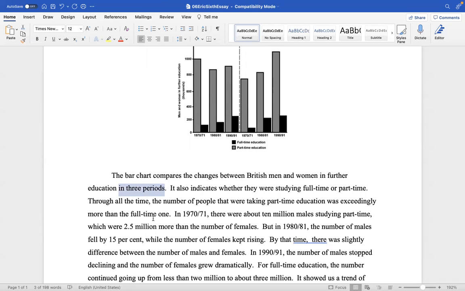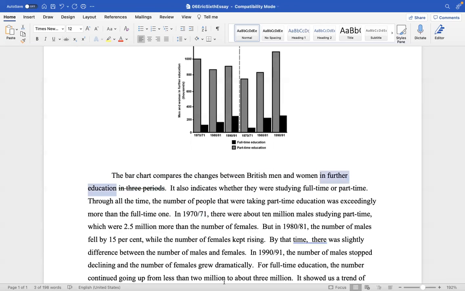Just a heads up, I'm not a fan of ending or starting with prepositions. So how could you incorporate that into the sentence to make it sound better? So I think I'll put it as the bar chart compares the changes in 3 periods between British men and women. Excellent, very good. But then we're leaving it off with this one.